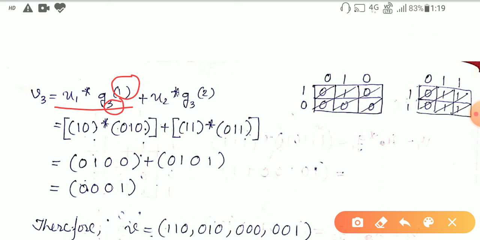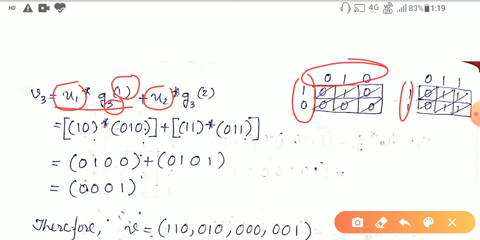Then you do the convolution process. For u1 it is 10, and u2 is 11, and g3 for input 1 is 010, and this is 011. If you do this, the process becomes as such, and the ultimate v3 will become this value.